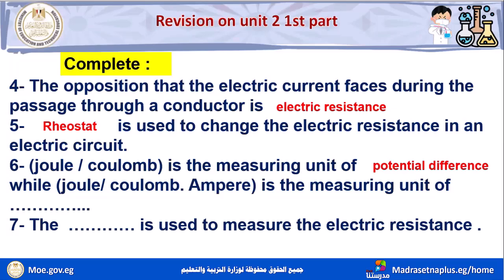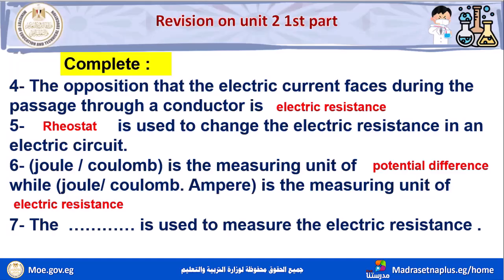Joule per coulomb or joule divided by coulomb equals volt divided by ampere equals ohm. يبقى الأوم هنا هو measuring unit of ايه؟ electric resistance.